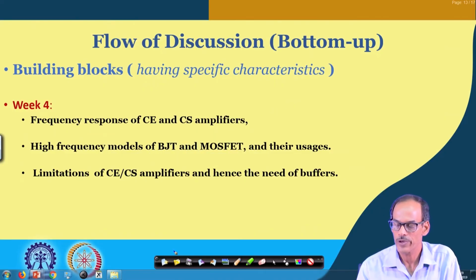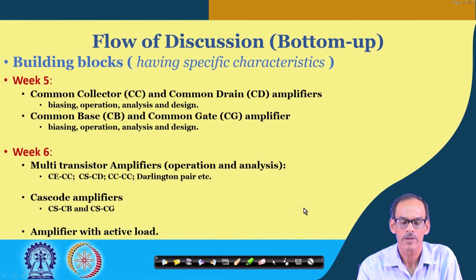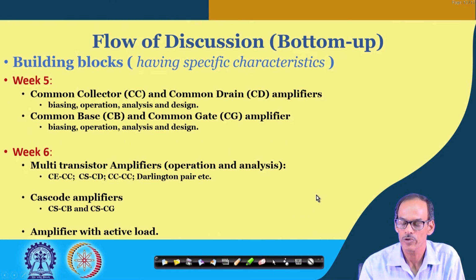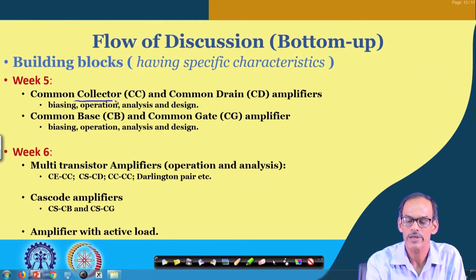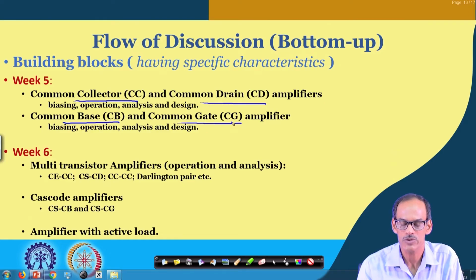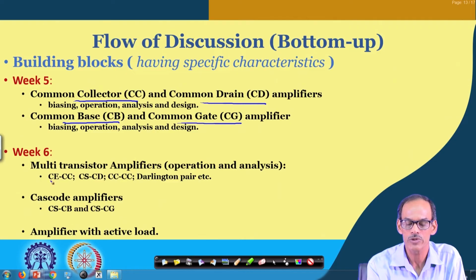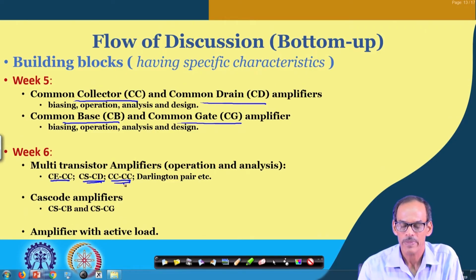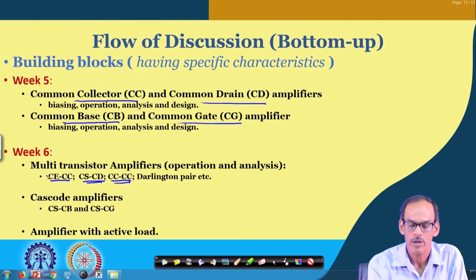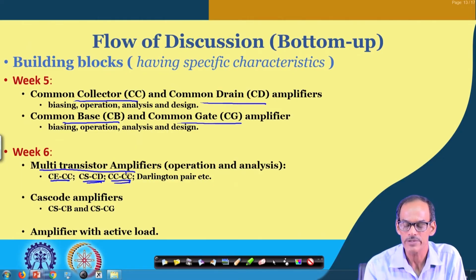So, in week 5 we will look at some other configurations, namely common collector, common drain, and likewise common base, common gate, and so on. Then we will see how each of those different building blocks is judiciously connected together to get multi-stage amplifiers.